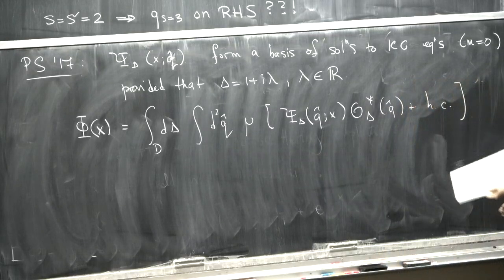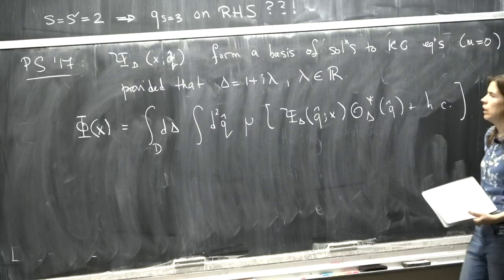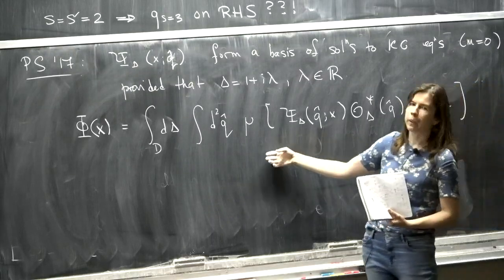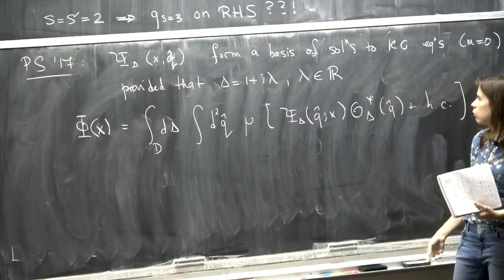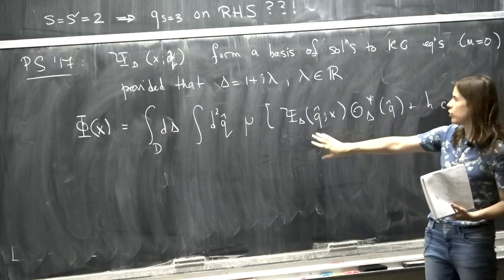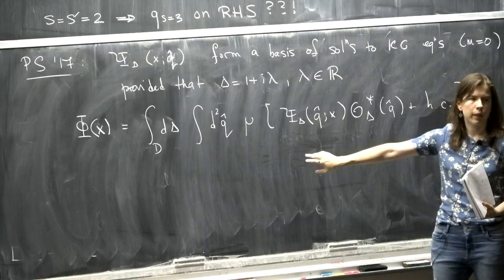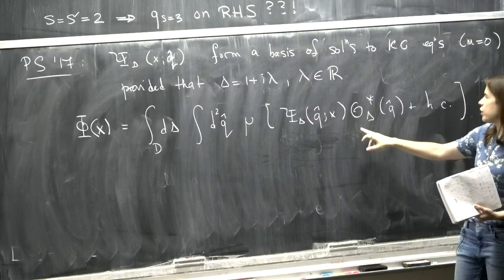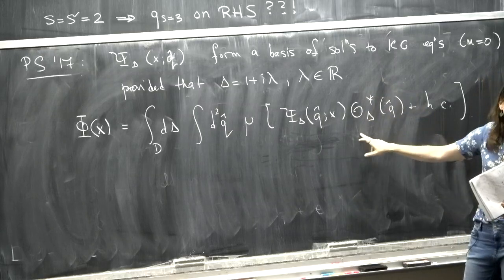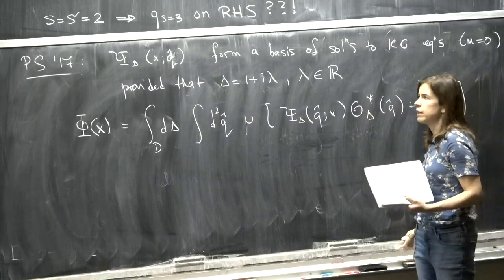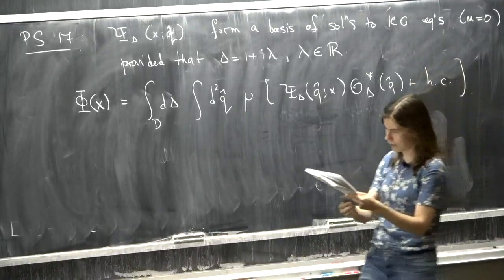And this is a valid expansion for my bulk field. And combining this with the expansion on plane waves that I've written down before, and using orthogonality of these wave functions in the plane waves with respect to the Klein-Gordon inner product, one can obtain a relationship between these operators O that appear here and the creation and annihilation operators that appear in a standard plane wave expansion of this field.